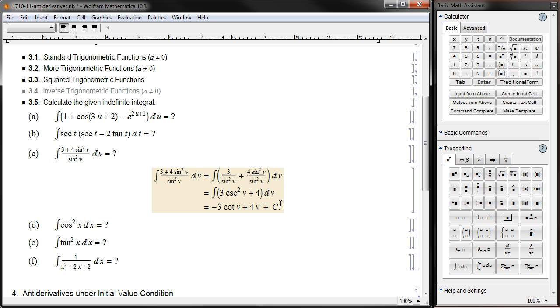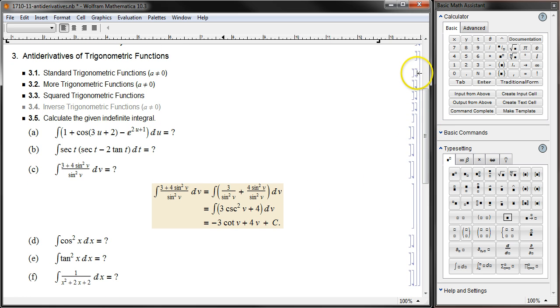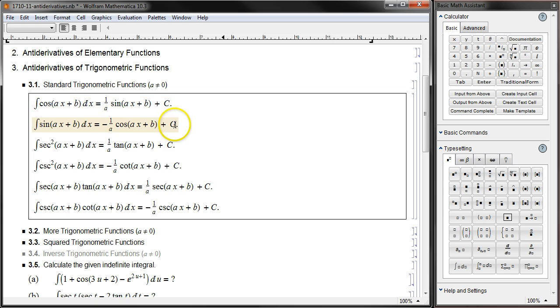So if you can't memorize all these really accurately, at least get: sine becomes cosine, cosine becomes sine, and pluses or minuses look up. Secant squared, cosecant squared, tangent, cotangent, but the detail look up. Secant, tangent, cosecant, cotangent, we have secant and cosecant, but detail look up.